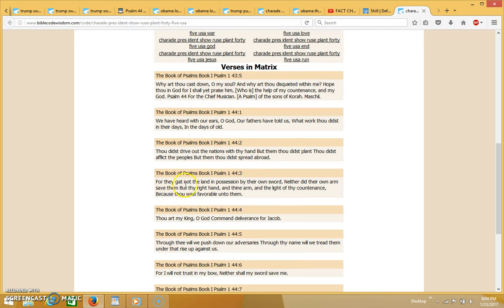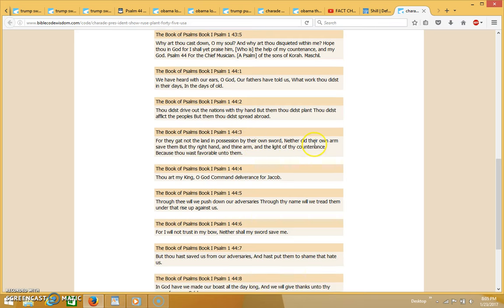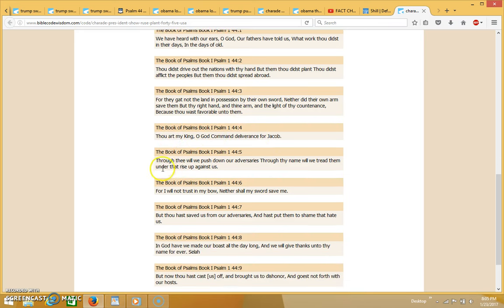For they gat not the land in possession by their own sword, neither did their own arm save them, but thy right hand and thine arm, and the light of thy countenance, because thou wast favorable unto them. Thou art my King, O God, command deliverance for Jacob. Through thee will we push down our adversaries. Through thy name will we tread them under that rise up against us.